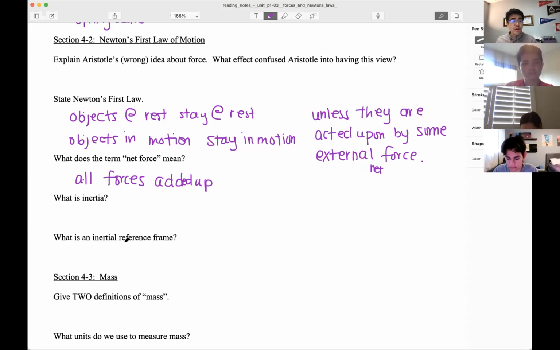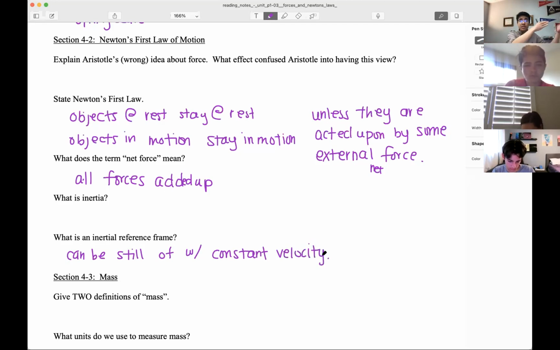And then this inertial reference frame is kind of like what we talked about last time, where you're looking from. So it can be either still or with constant velocity. This is the idea of me standing at the side of a river and watching a boat go by.